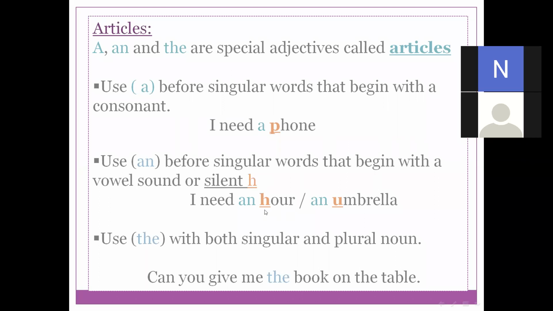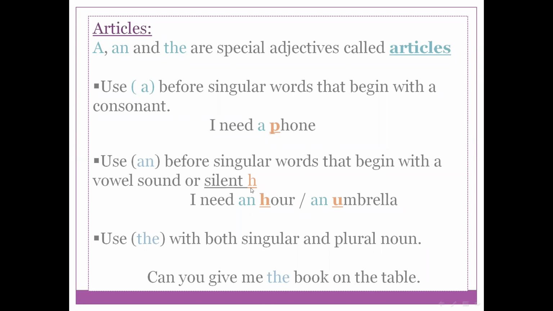Look, here we have a silent H. We don't pronounce the H. I need an umbrella. In umbrella, the U is a vowel sound. This is why I'm using an, not a. If you put a, it will be wrong. So notice here, a and an, we use with the singular noun. But the difference is that we use a with consonants, and we use an with vowel sounds or a silent H.